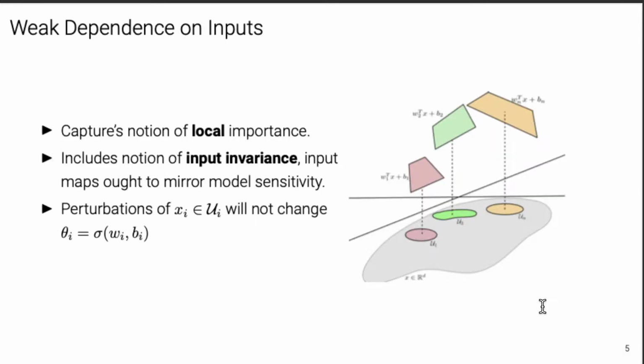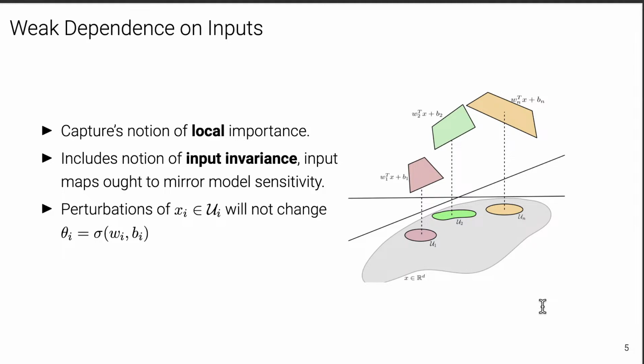So we can see that this captures a certain notion of local importance, because the neural network outputs are going to be decided purely using the weights and biases of this plane. We're going to capture this sensitivity of the model towards input changes.